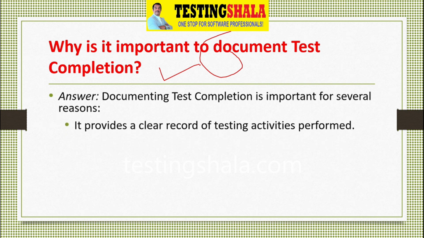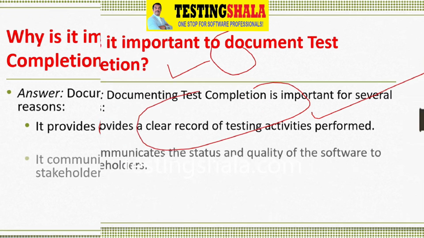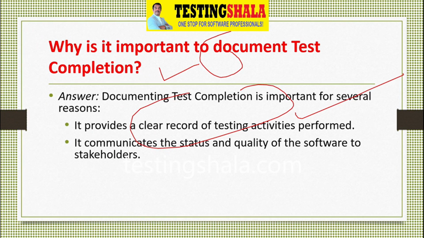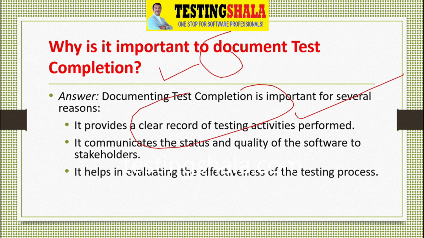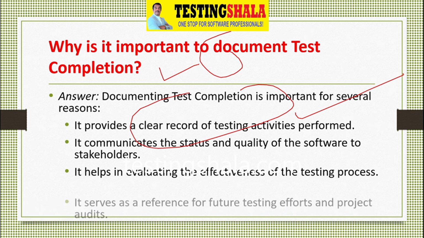Basically, this document clearly gives the record of the activities we have performed, and what are the different statuses we have communicated to the stakeholders with respect to the test metrics. Everything communicated to the stakeholders is also going to be recorded in this document, and even our effectiveness we can evaluate, by bringing in the right processes, by looking at this test completion report.